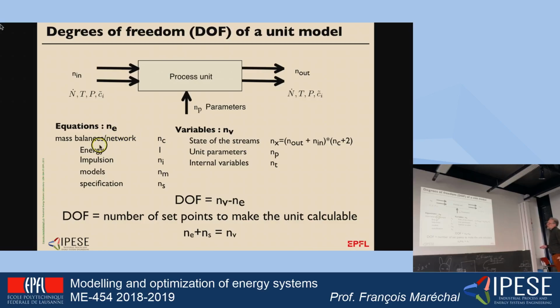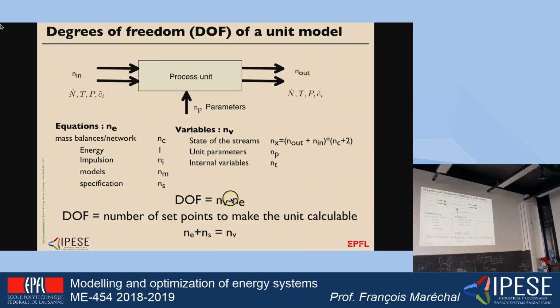Okay? So what I can see here is that I have the mass balance, the energy balance, impulsion balances, plus modeling equations. Plus things that I know that will be specified. So for example, most of the time I will consider that what is entering the system is known, so I know the temperature at the inlet, I know the pressure at the inlet, or the composition at the inlet, which I will name the specification equations. Okay?